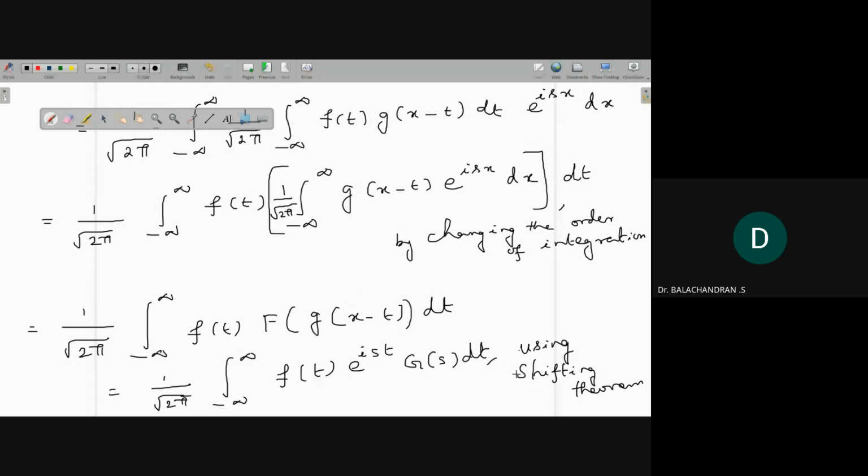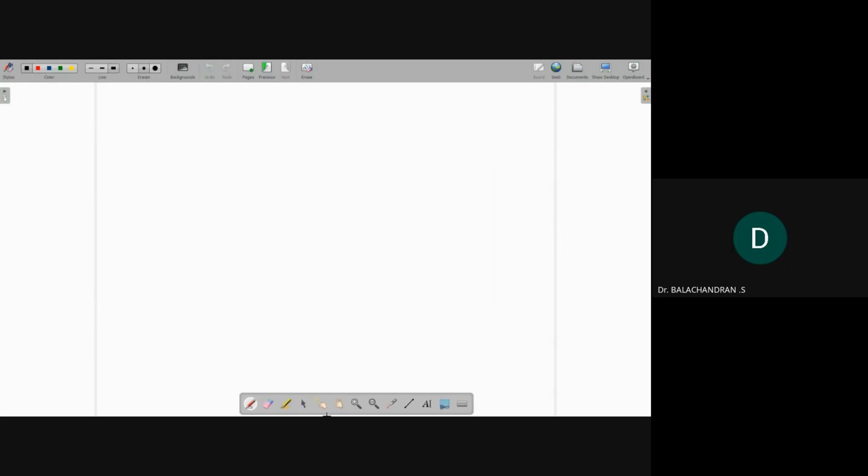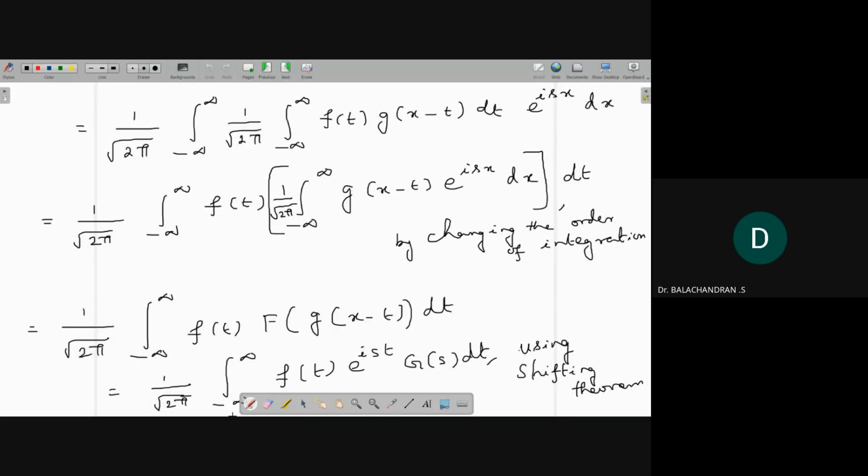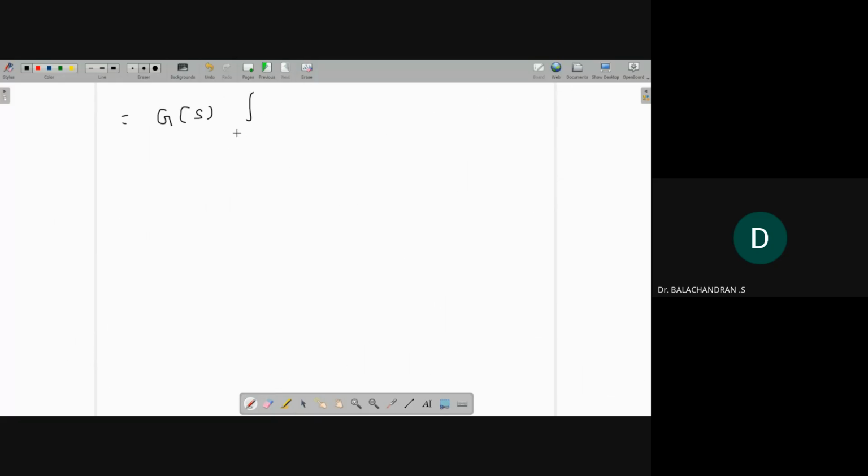Okay. So next step, g of s is independent of t. That's why I'll take it outside the integral. So which is equal to g of s. What is remaining? Minus infinity to plus infinity, f of t into e power ist into dt.